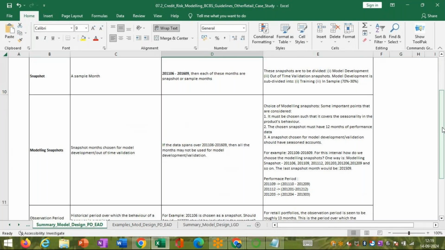We have used the same example: if the data spans 2011-06 to 2016-09, then all the months may not be used for model development. So the next question is, from a modeler's perspective, how would you choose the modeling snapshot? What are the factors that you would look into while choosing the modeling snapshots?